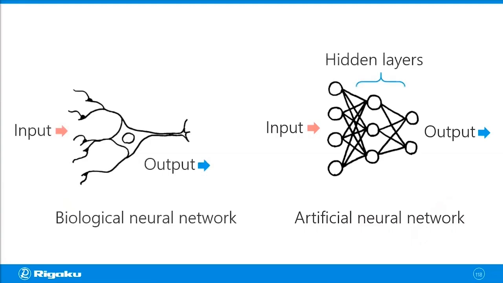And by the way, most of the neural networks people use for image recognition or segmentation have multiple hidden layers in between. That's where the term deep learning comes from. But anyway, the beauty of an artificial network is that it can handle a lot more complex and sometimes even abstract decision-making processes. It can learn how to do what we do.